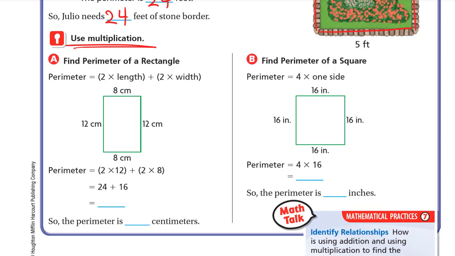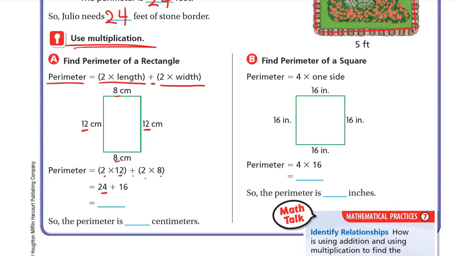Here we have a rectangle. Its length is 12 and its width is 8. So here we have the formula, which says the perimeter equals 2 times length plus 2 times width. Because in the rectangle, we have 2 lengths and 2 widths. So here 2 times length, it's 2 times 12, plus 2 times width, it's 2 times 8.